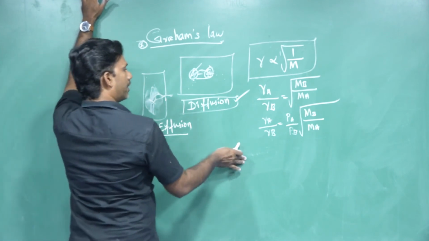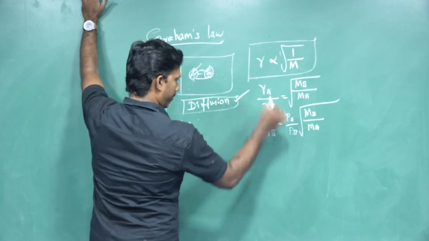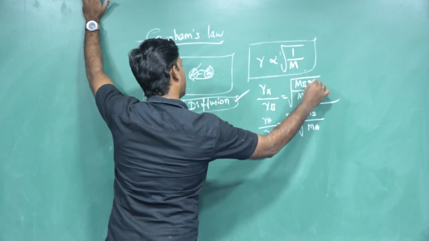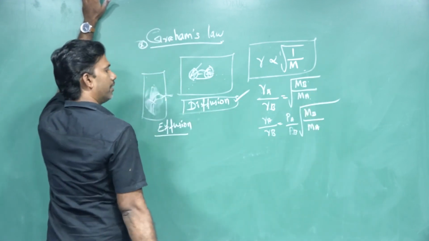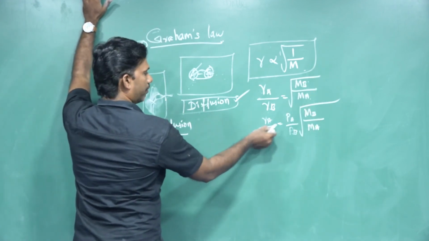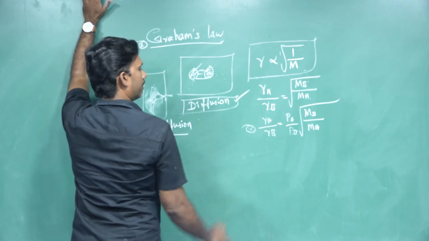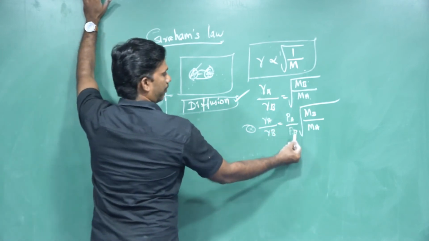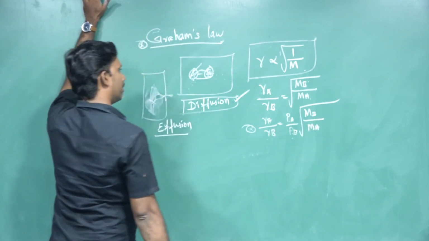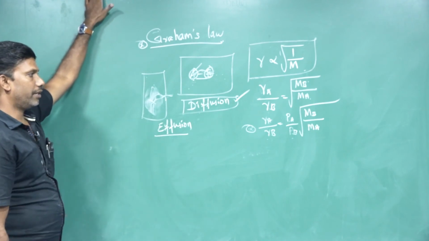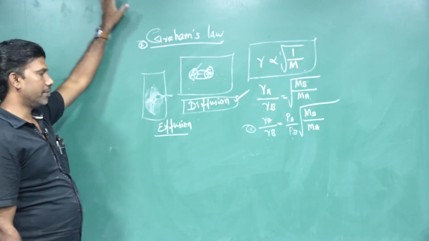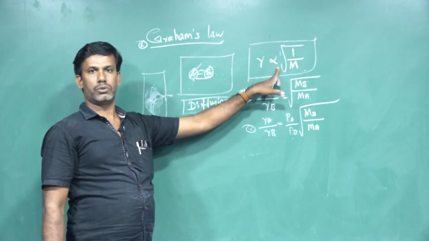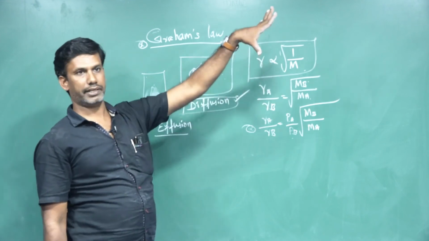When two gases, gas A and gas B, are compared, rate of A by rate of B equals the square root of molecular mass of B by A. If you take pressure, then you have PA by PB equal to the square root of MB by MA. This is Graham's law. Okay, now it's clear. Graham's law is nothing but the rate of effusion or rate of diffusion being inversely proportional to the square root of the molecular mass of the particular gas.